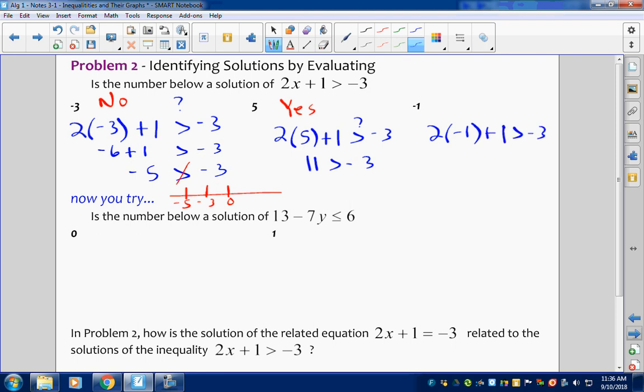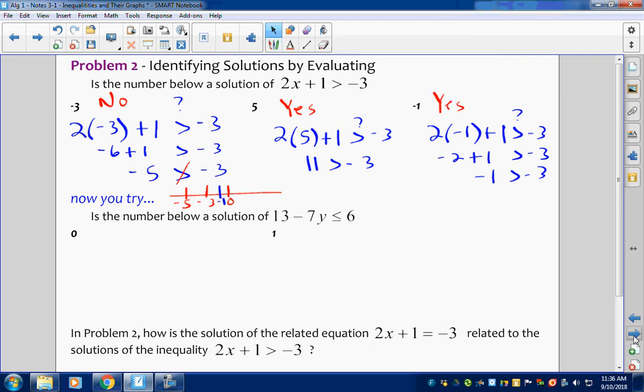It's only greater than, not greater than or equal to. We're just looking for greater than. So 2 times -1 is -2, plus 1, is that greater than -3? -1 greater than -3. Think about our number line here. Is -1 to the right of -3? Yep. It'd be right about here. So this is a yes.